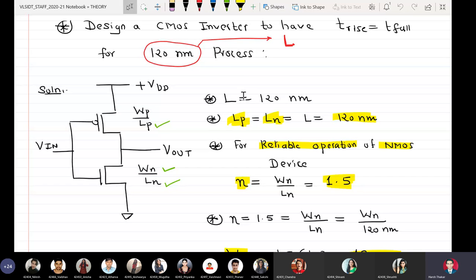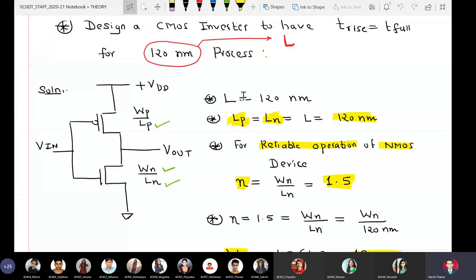So we had solved the numerical in this way: we first drew the circuit for CMOS inverter and we did not write the widths and lengths, but we represented the W by L ratio as WP by LP for PMOS and WN by LN for NMOS. And we have termed WP by LP as a small p, that is size of PMOS, and Wn upon Ln as a small n, that is size of NMOS.